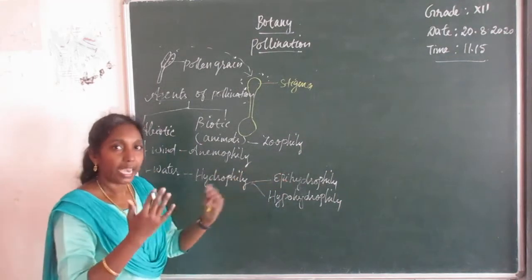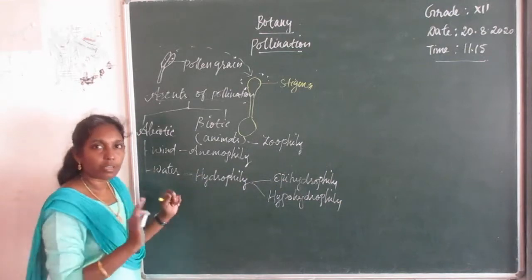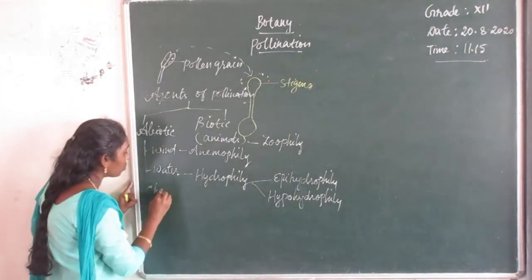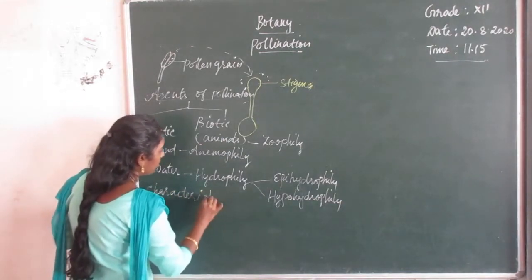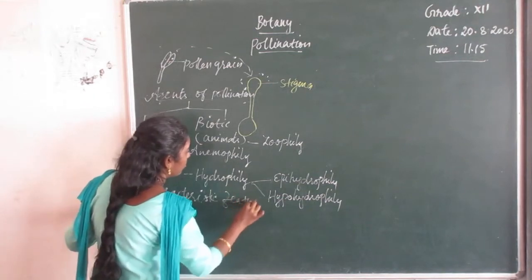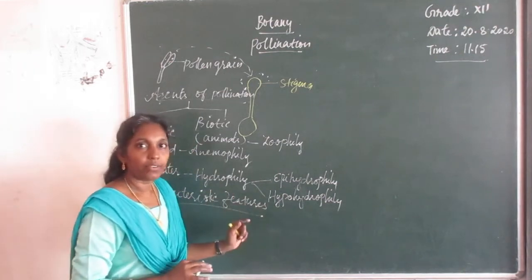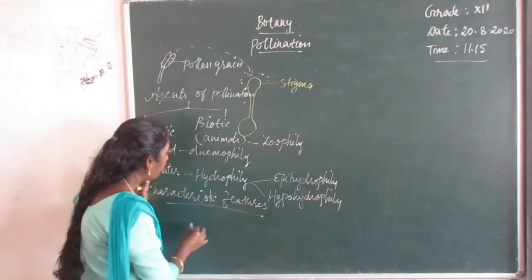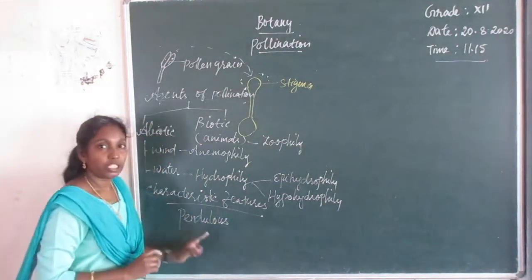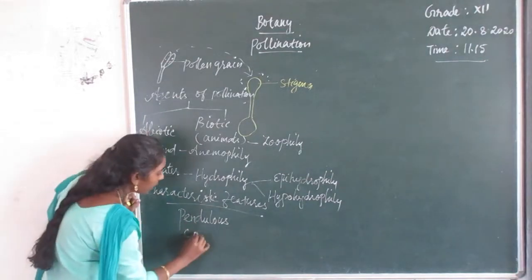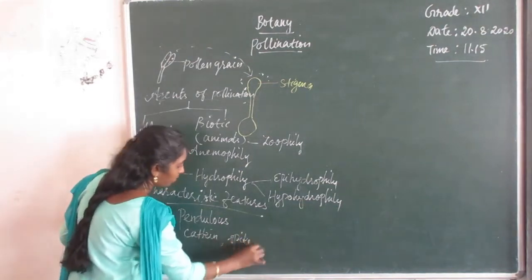So, let us see what are the characteristic features observed in these anemophilous flowers. The first important 5-mark question is the characteristic features of anemophilous flowers. These anemophilous flowers show inflorescences, which may be catkin inflorescence or spike inflorescence.